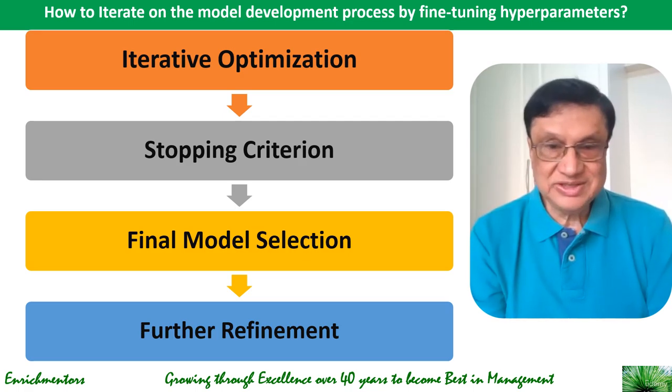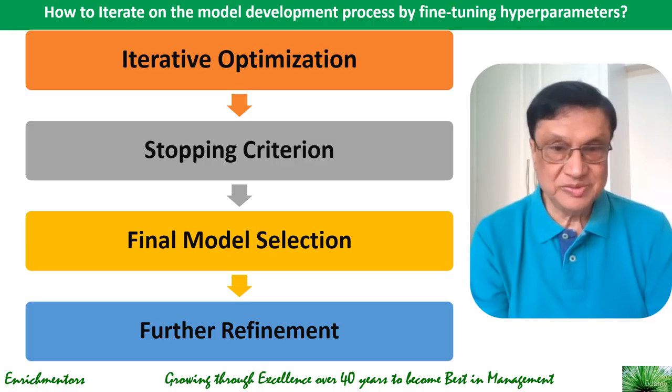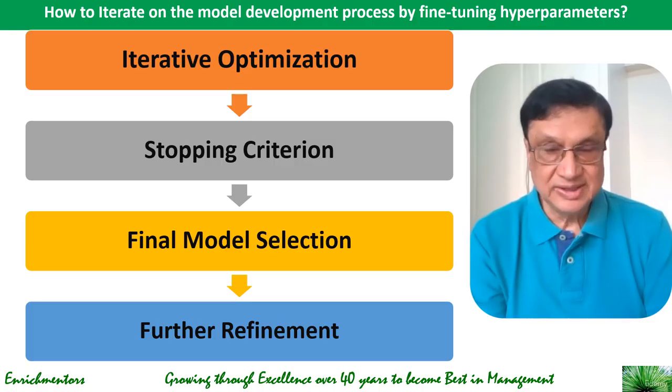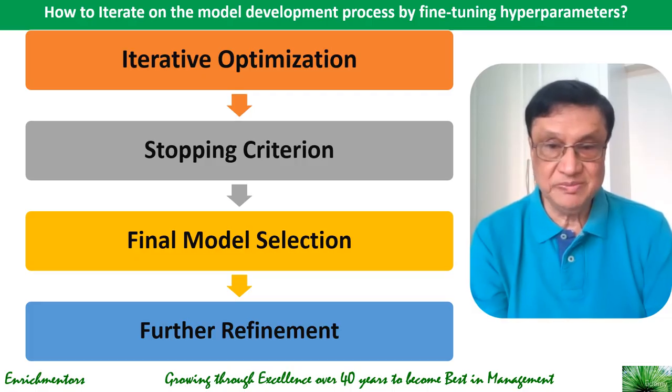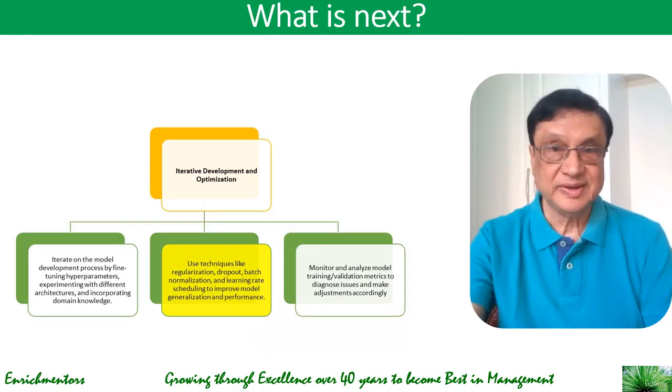By following these steps, you can iteratively fine-tune hyperparameters to optimize the performance of your machine learning model. This iterative approach allows you to systematically explore hyperparameter space, identify optimal configurations, and improve the model's performance over a period of time to find that elusive optimal solution.